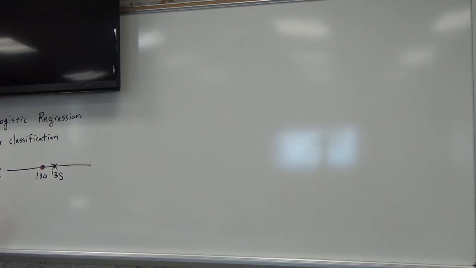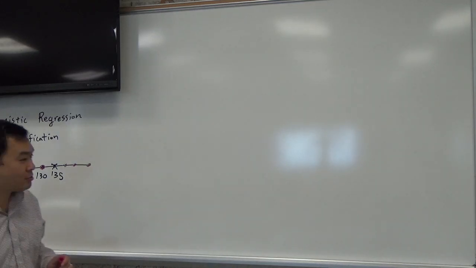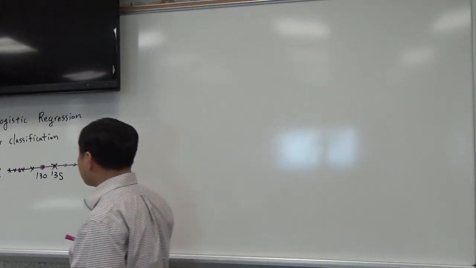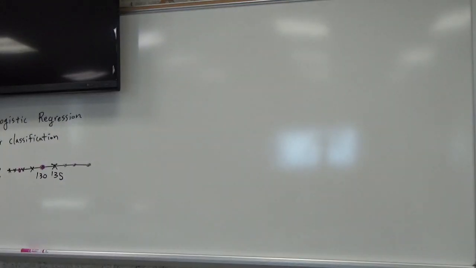And then you gather a lot of people, and you see that indeed, if you have high blood pressure, you have people like this, high blood pressure with heart attack, and if you have low blood pressure, usually you're okay, right? But then maybe occasionally there are people who have other heart conditions that are not just blood pressure related. They might have some genetic problems, you know. Right? So you have such a data set.